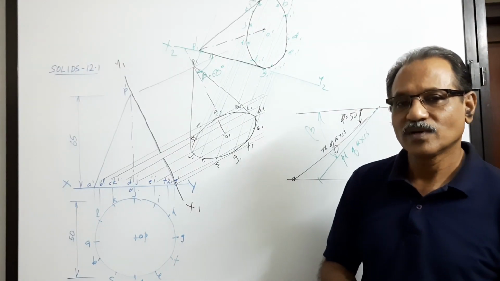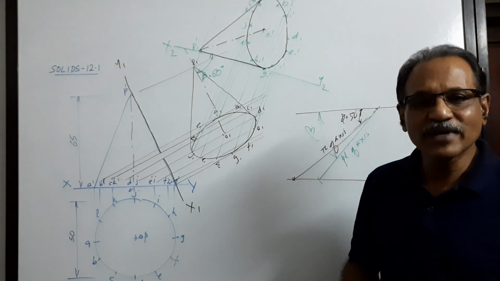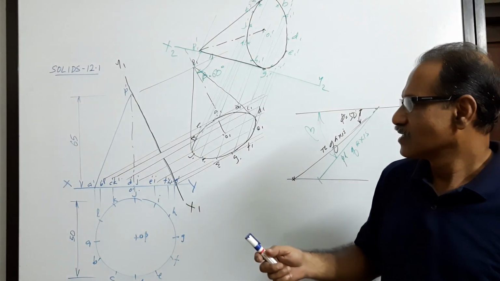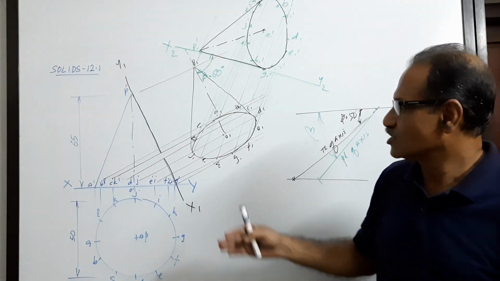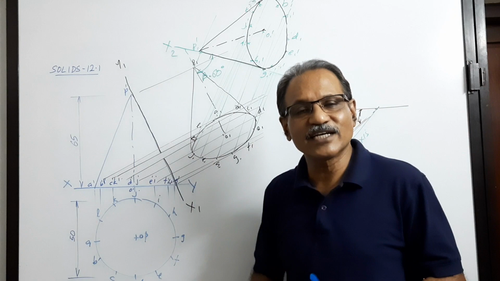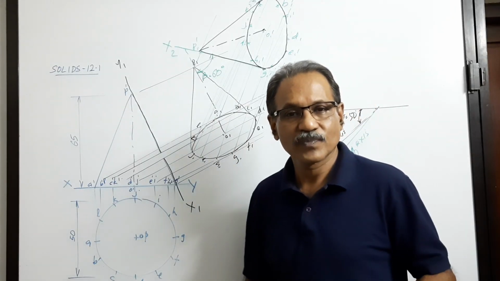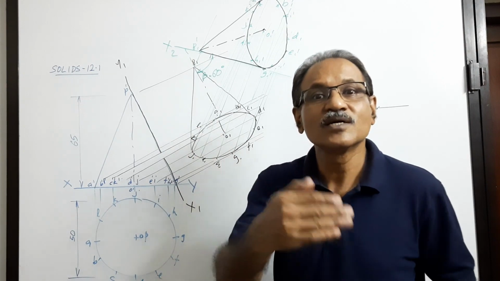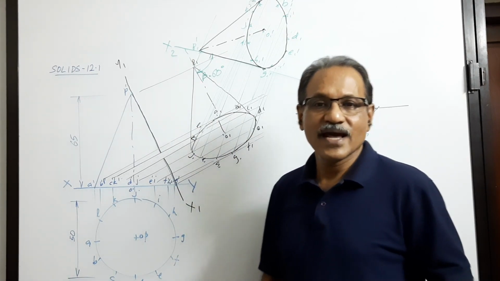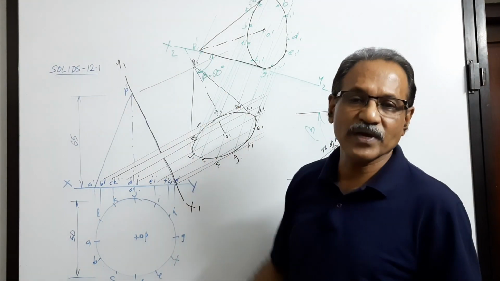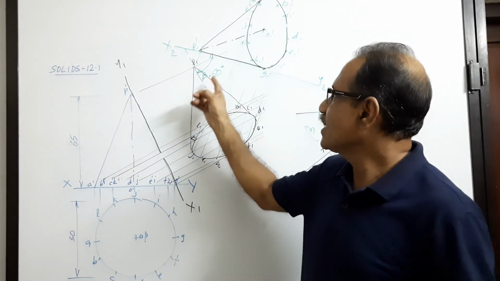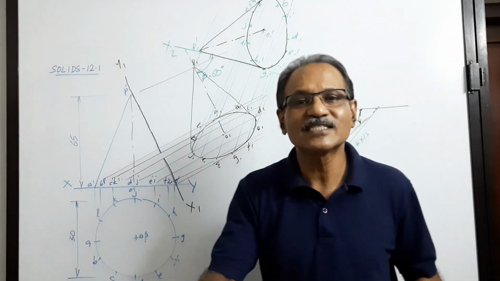Now, in some cases, a typical problem is like this. A cone is lying on one of its generators and the axis is in the profile plane, and the apex is nearer to VP. What does it mean? Beta, instead of 60 degrees, is 90 degrees.